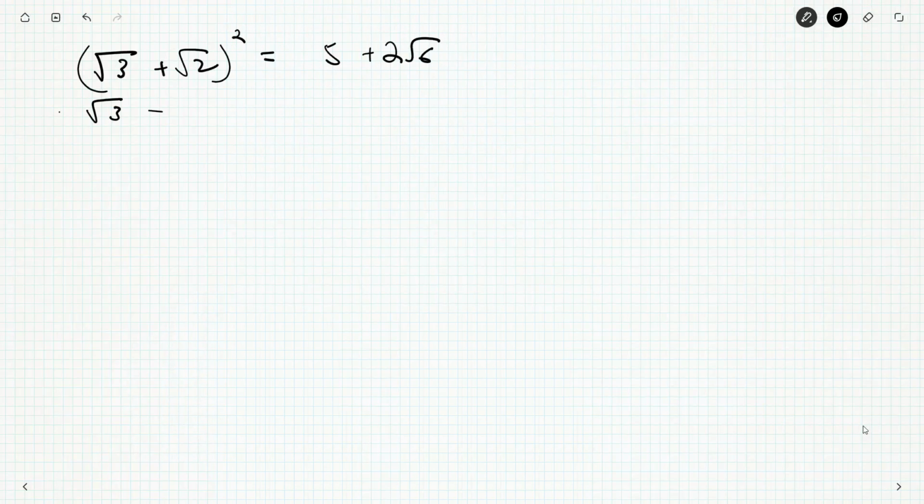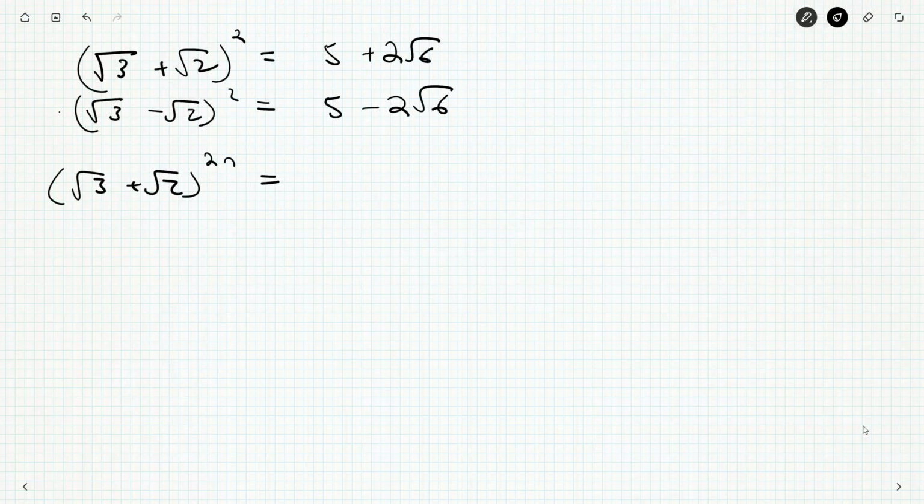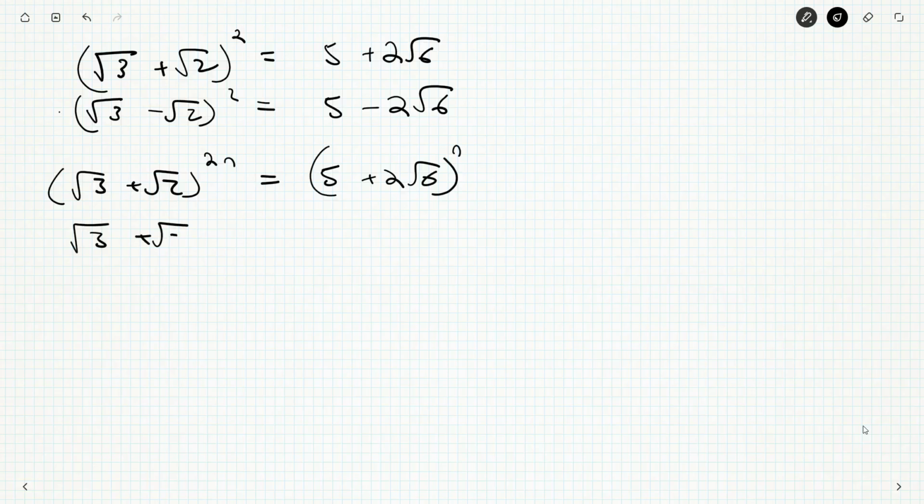And we know that root 3 minus root 2 squared is 5 minus 2 root 6. So root 3 plus root 2 to the 2n is 5 plus 2 root 6 to the n. Yeah, we already wrote this down. I'm just writing it again for some clarity. This should be a minus sign, not a plus sign.